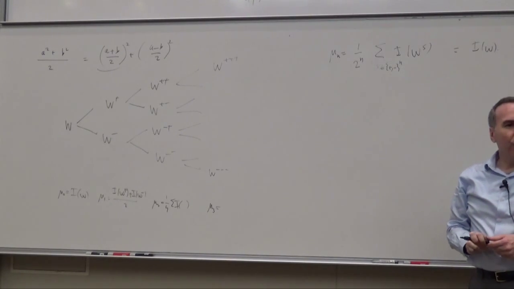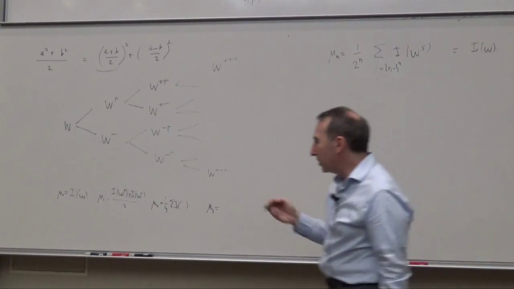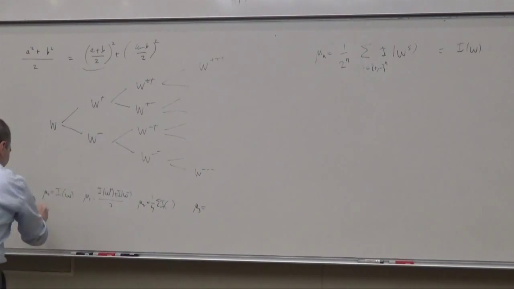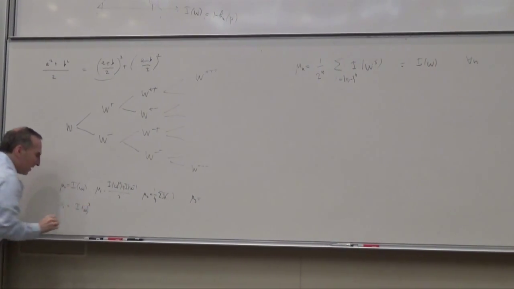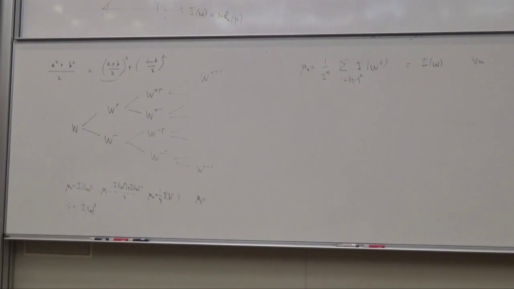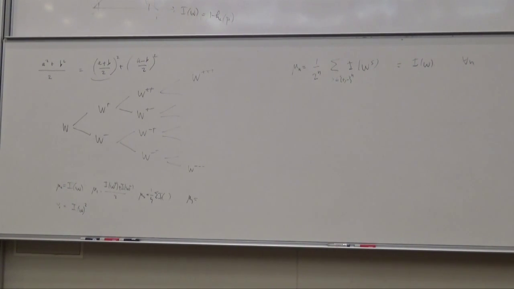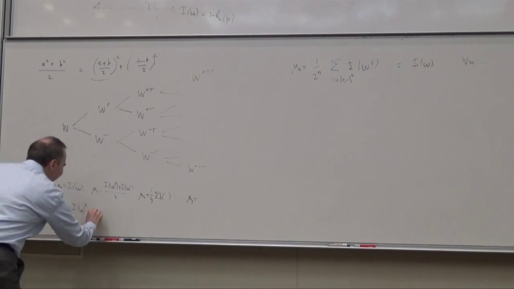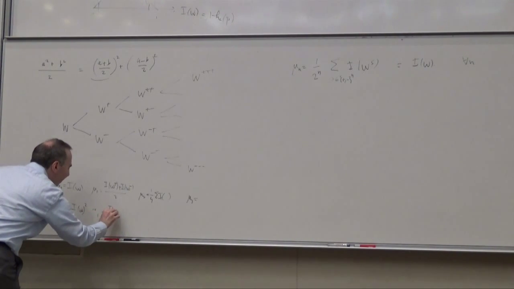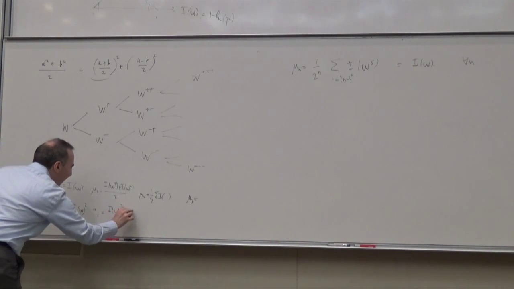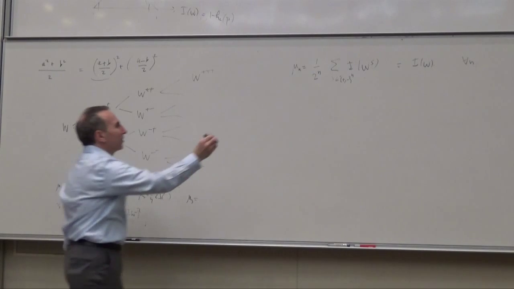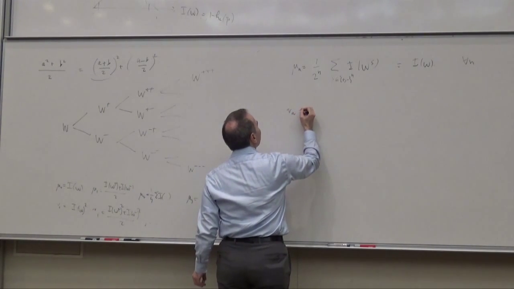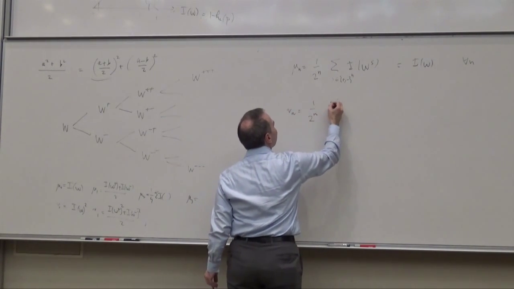The second statistic I'm going to compute, let's call it nu. I'm going to take a look at the average of the squares of these terms. This would be looking at it here. Nu n is the same sum.